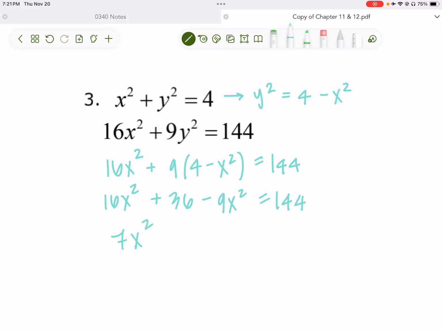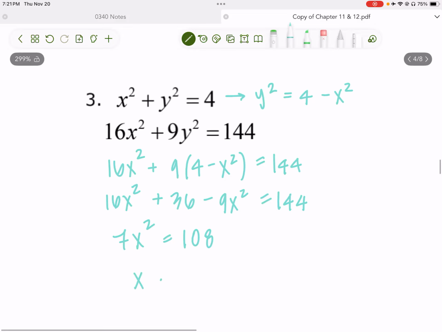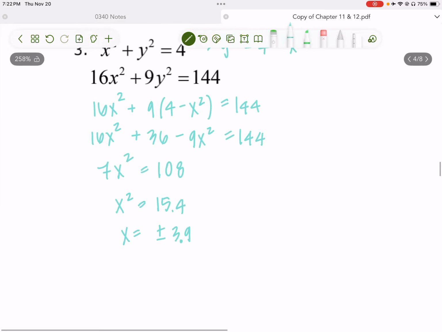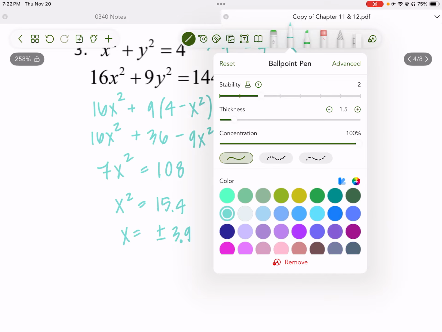So we have 7x squared equals, let's do that math really quickly, 44 minus 36, 108. Okay, dividing by 7, I believe is going to be a decimal. So I'm just going to roughly estimate here 15.4, and that's x squared. And when we take the square root, we're going to have positive and negative, roughly 3.9. From here, let's go back and solve for our corresponding y values.